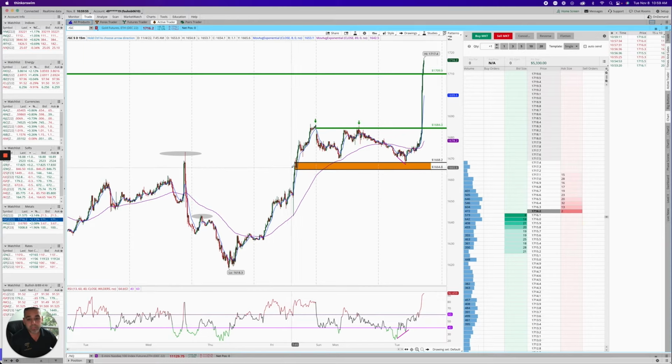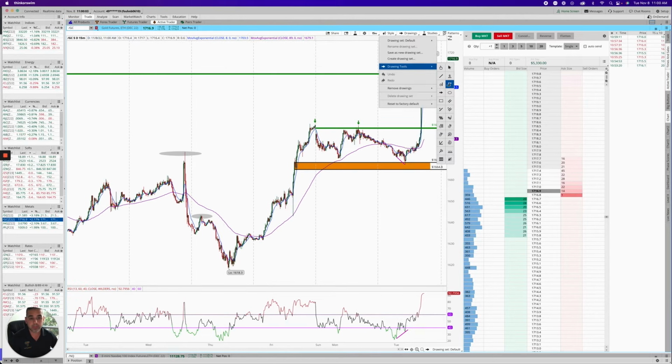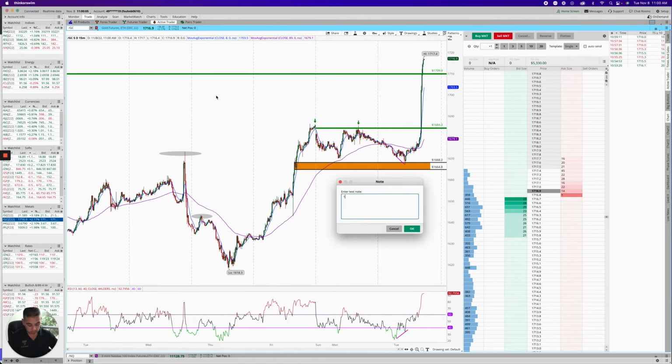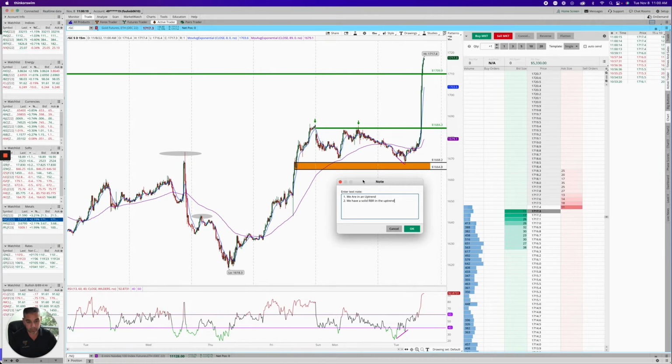So what we can do is look at what we can learn from this. Now, again, let's write this out. Number 1, we are in an uptrend. Number 2, we have a solid rally, base, rally in the uptrend.